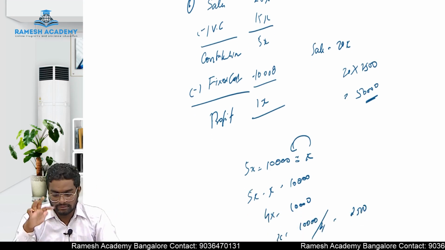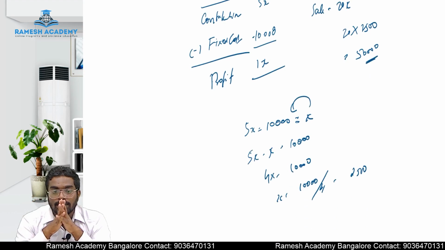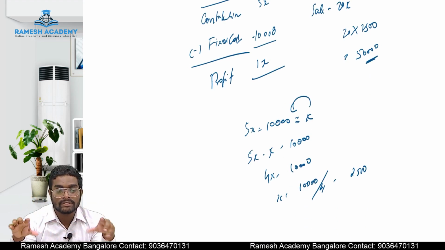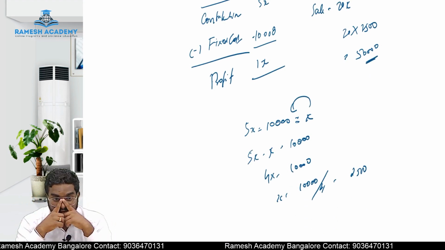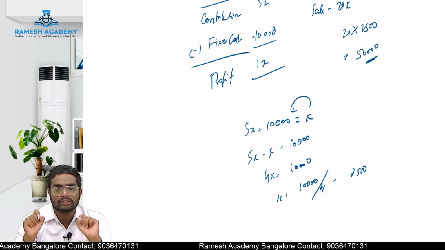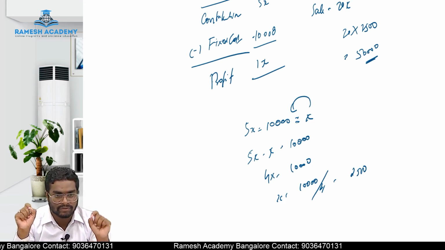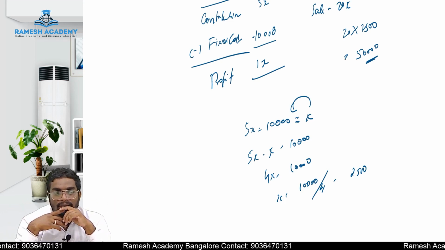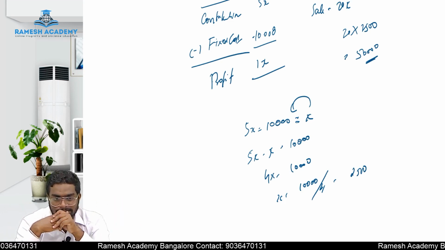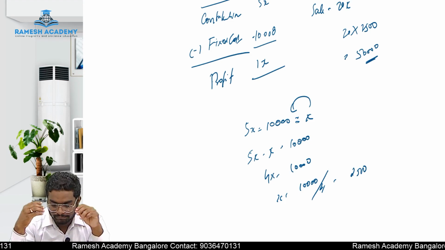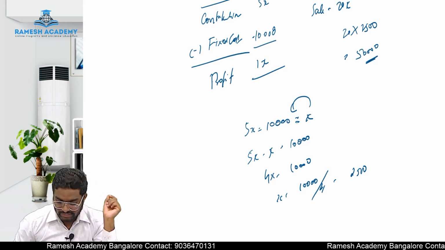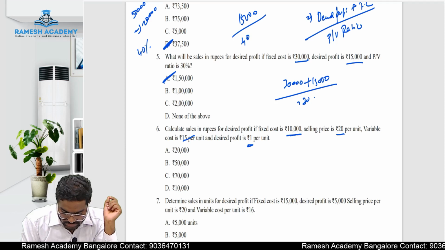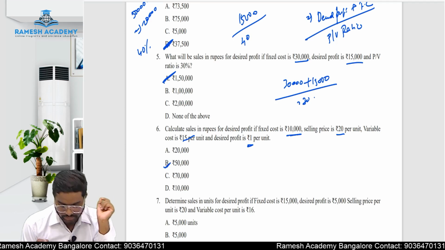So I broke down the equation for calculating the value of X. Now the value of X is 2,500, which means the number of units is 2,500. Just multiply with the per unit sales value. So by this we have completed the sixth question. The value is 50,000. So sixth is done.